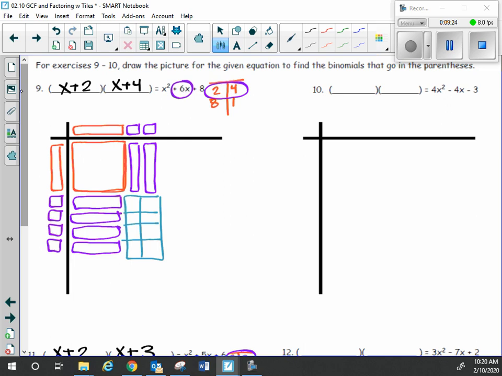So here's where, with tiles, it kind of becomes a guessing game, right? Let's start with 2 by 2 and see how that works for us. We may have to erase.